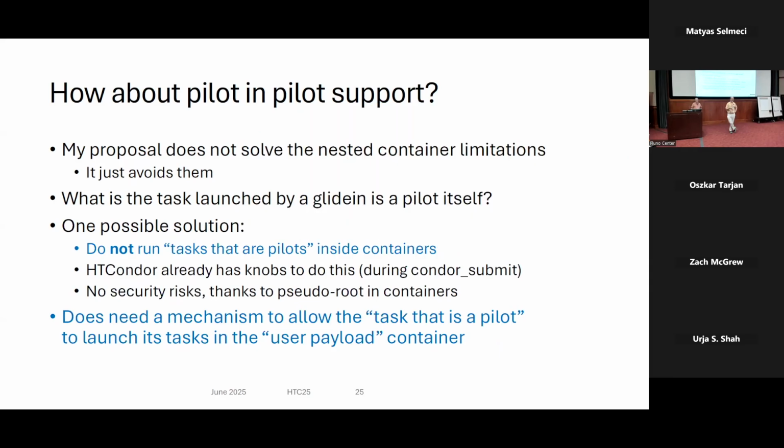They should be running these things next to each other and communicate via the file system. No, not via file system. All I'm saying is that the pilot itself doesn't need to be a container. So if the pilot is started by an HTCondor execution point, yes, it can be run in a container, but it doesn't need to be. In a Kubernetes container, it doesn't matter if it is Kubernetes or not. But you told me that Kubernetes doesn't support nested containers.